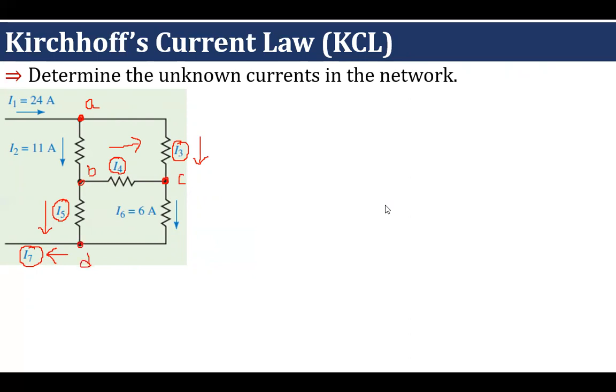Okay, so by applying KCL at node A, what we can write, this I1 is incoming current to this node A, so I will write plus I1. I2 is outgoing, so minus I2, and this I3 is outgoing also, so minus I3 is equal to 0.